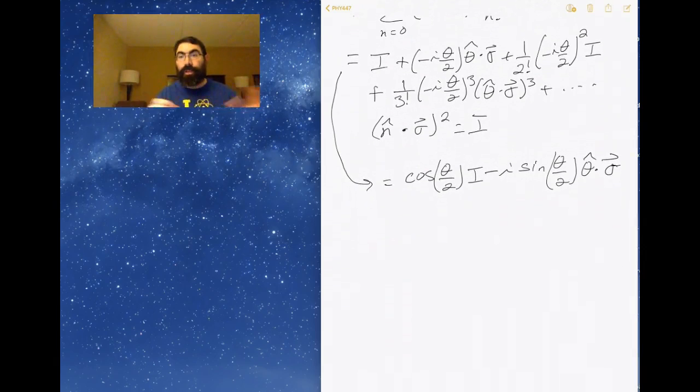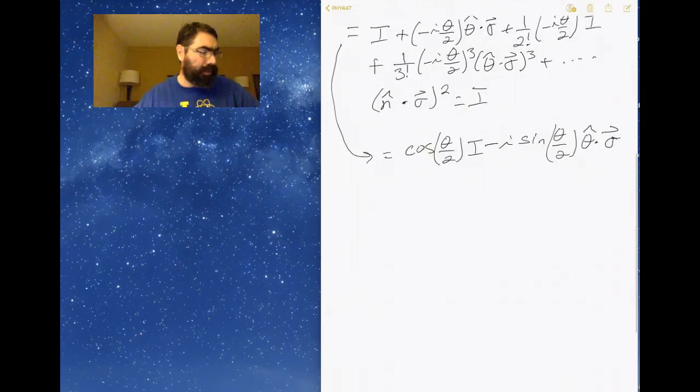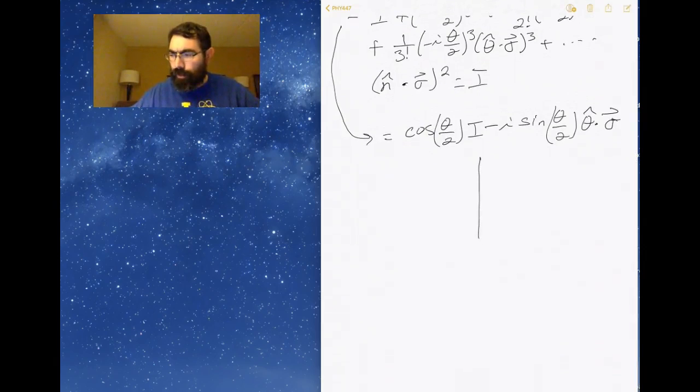So now we've got a cosine and a sine term. And what is this theta hat dotted into sigma? If we think about it, say we're going to rotate into the z direction.